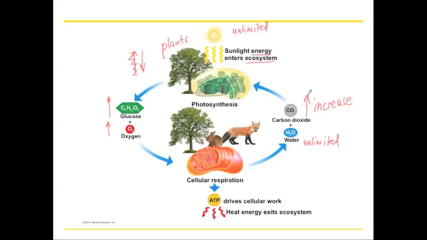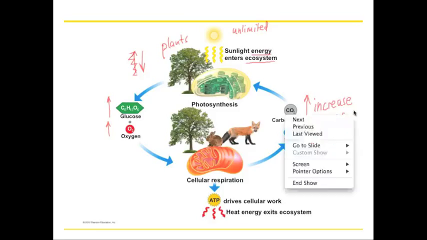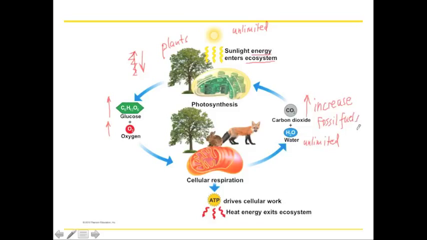If you have an increase there, and let this be an artificial increase, because when you use fossil fuels, those are not things that are alive today. Those are things that were alive a long time ago. And so fossil in this sense means these are things that are in the ground and they would stay there unless we dig them up.